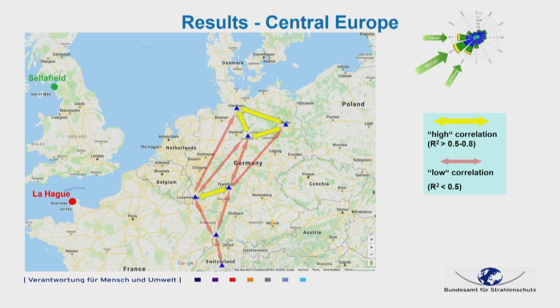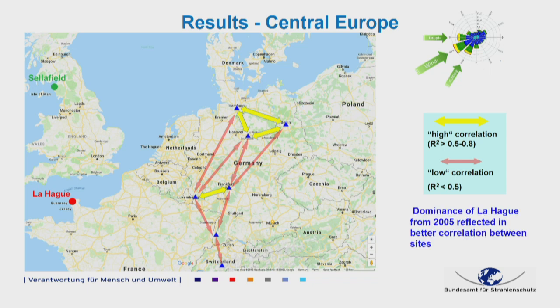Just quickly, to the results for the other stations in Central Europe, I'm just going to present the very general findings. We have a high correlation between the northerly sites, the central sites, and of course Freiburg and Schauinsland as well. The correlation between the sites is lower for these various areas.